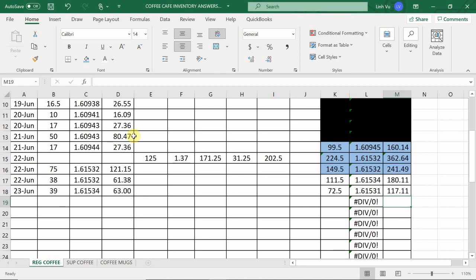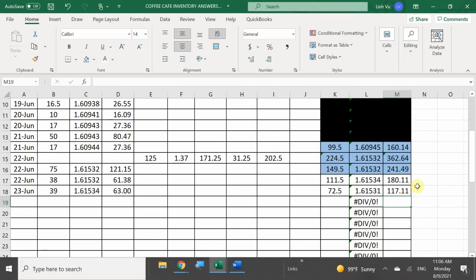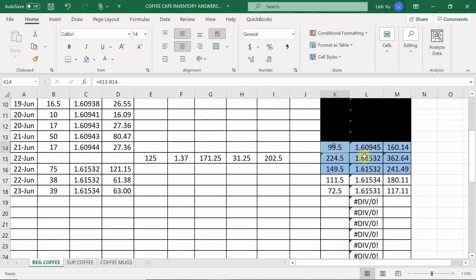Mm-hmm. Maybe you added by accident. Yeah. Okay. Thank you. And then we block that 111.5, and so we can only see the 72.5, correct? Yes.